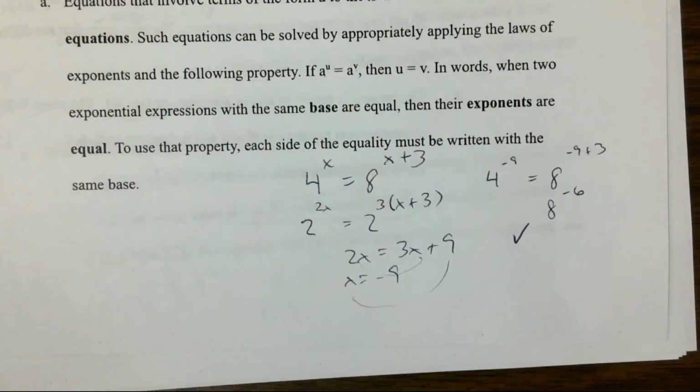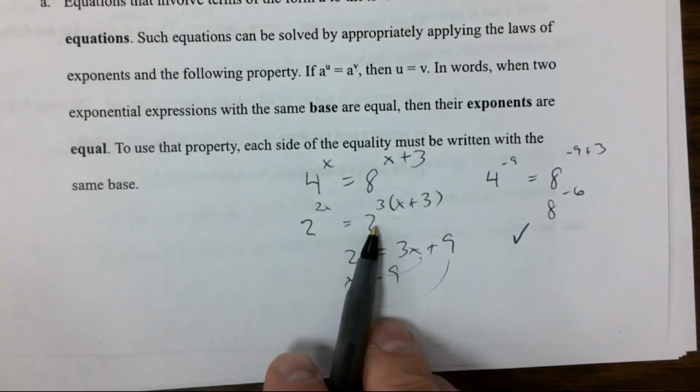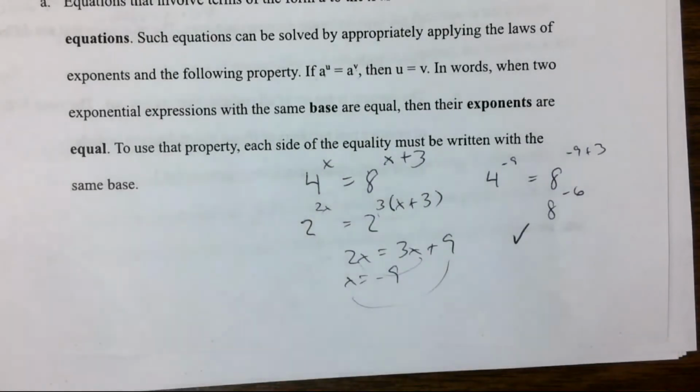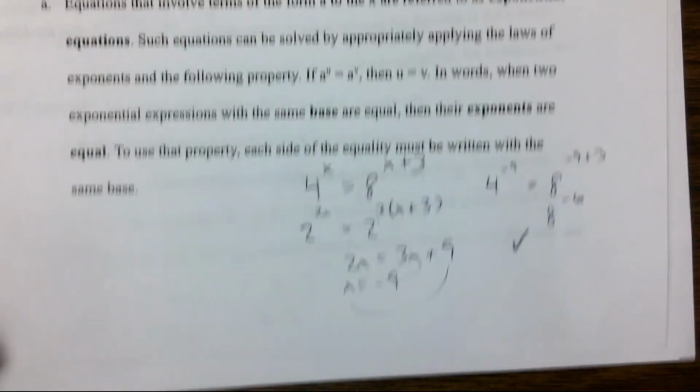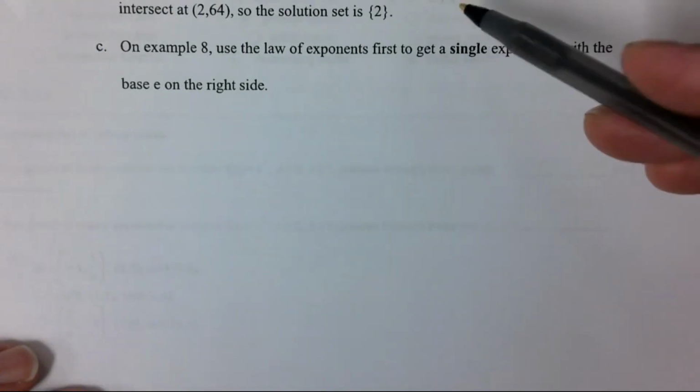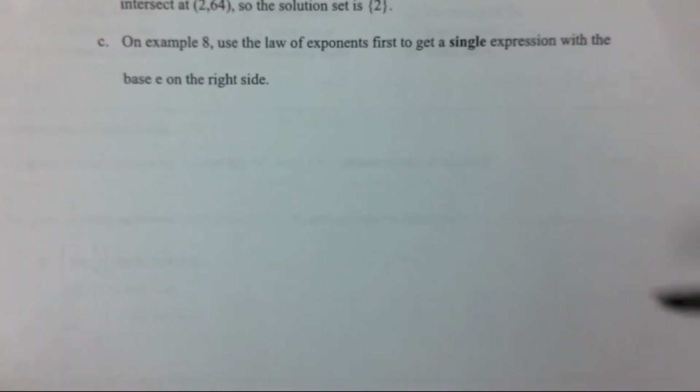So you are going to have some problems like that. 2 cubed is 8, 2 squared is 4. You might have a 3 base, or a 4 base or 5 base. And we'll show an example where you have to graph it and get the intersection.